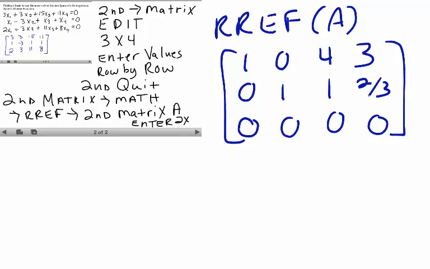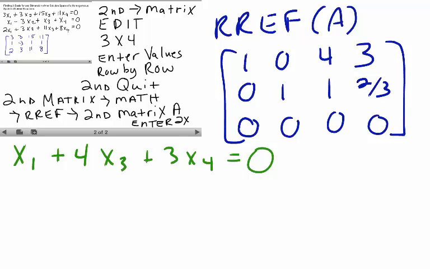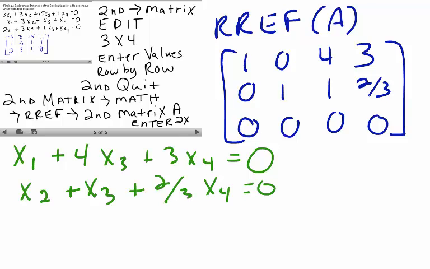Next, we'll write the system of equations that corresponds to our reduced row echelon form of our matrix. That would be x sub 1 plus 4 x sub 3 plus 3 x sub 4 equals 0. And then for row 2, we have x sub 2 plus x sub 3 plus 2/3 x sub 4 equals 0.